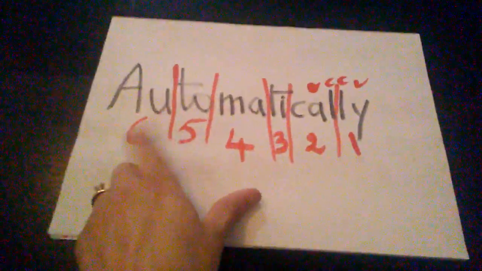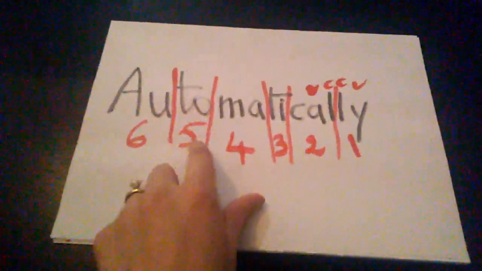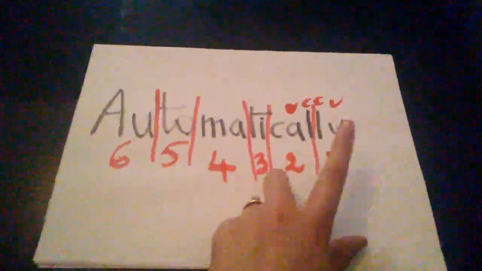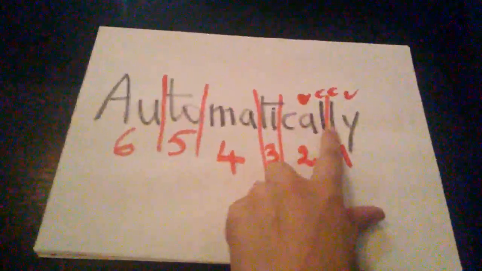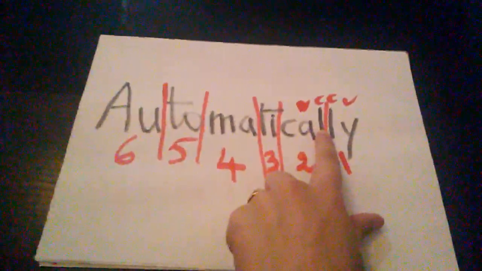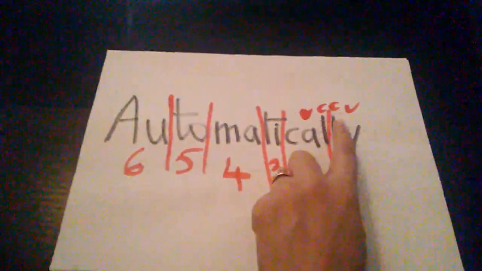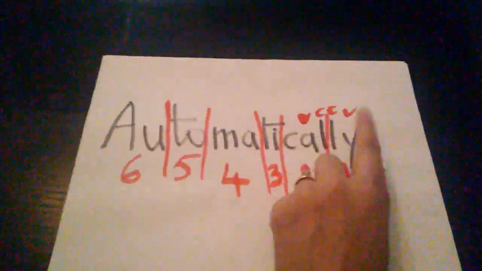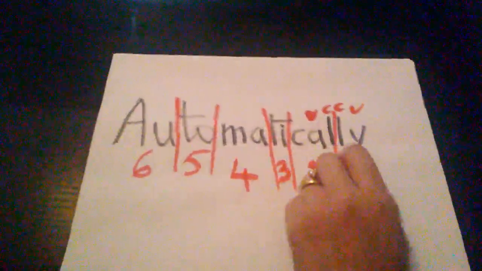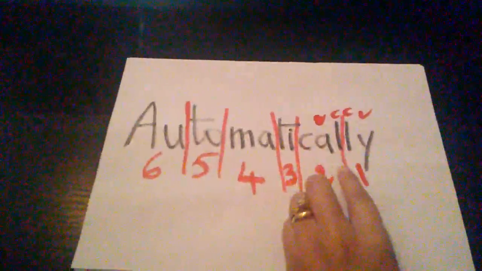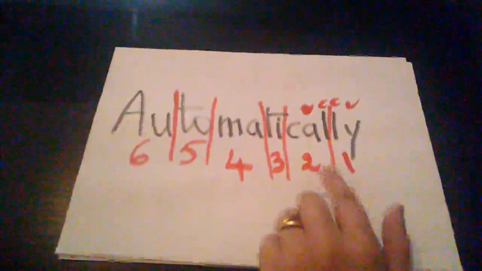So you have O, to, ma, ti, ka, li. Why did I divide the double L? We have a rule: vowel, consonant, consonant, vowel, we divide the two consonants and you have two syllables.